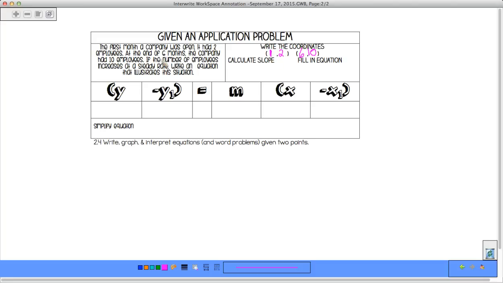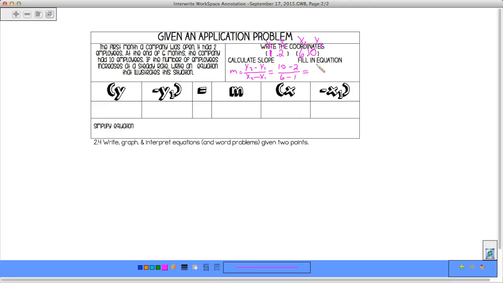So all we had to do was pull out those 2 points, and now we're ready to do it just like we did the last one. We're going to calculate slope. So m equals y2 minus y1 over x2 minus x1, labeling x1, y1, x2, y2. y2 is going to be 10 minus y1 is 2 over x2 is 6 minus 1.